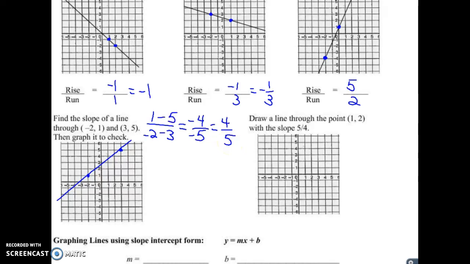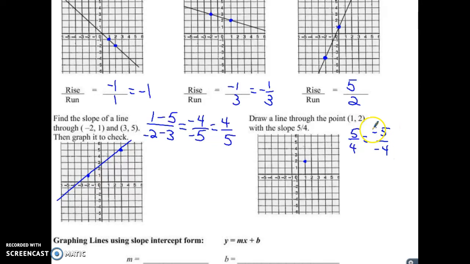And finally, we'll get to our last problem. Draw a line through the point 1, 2, right here. And now from that dot, we have to go up 5 and over 4. 1, 2, 3, 4, 5, and over 4. Well, golly gee, that's 5 over 4, but guess what? I ran out of room, so doesn't negative 5 over negative 4 also equal 5 over 4?